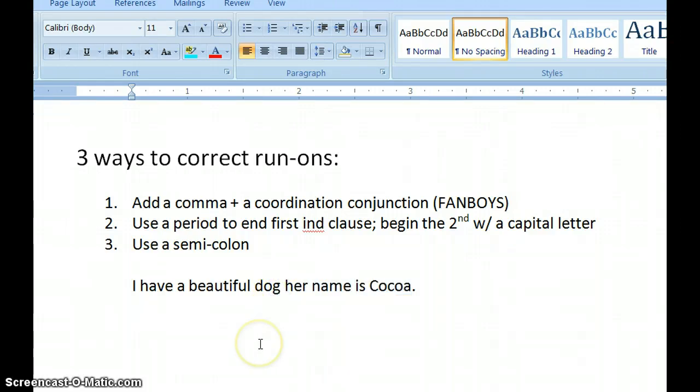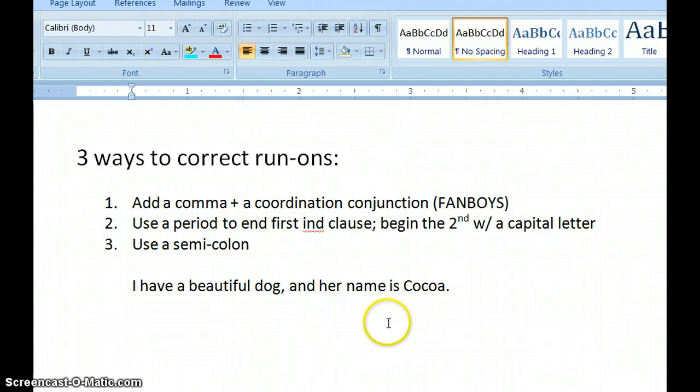So first I could use a comma and a conjunction. And I'm going to use the conjunction and because it's an addition of two similar ideas. So and is my best choice for coordinating conjunctions. And out of fanboys, you need to know those definitions. That was in a previous podcast.